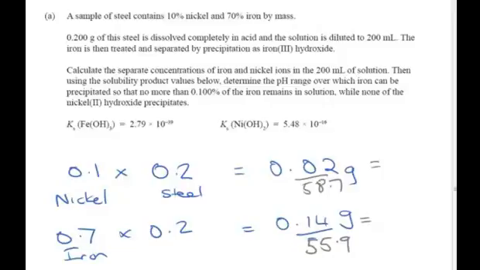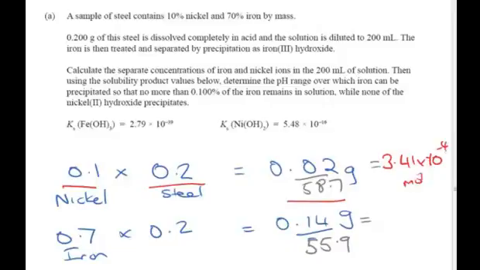So what I've done is we've obviously got 10% of nickel, so 10% times 0.2, which is the mass of steel, that gives us 0.02 grams, and if we divide that by the atomic mass of nickel, we can work out a number of moles there, and that's going to be, in this case, something in the region of 3.41 times 10 to the negative 4 moles.